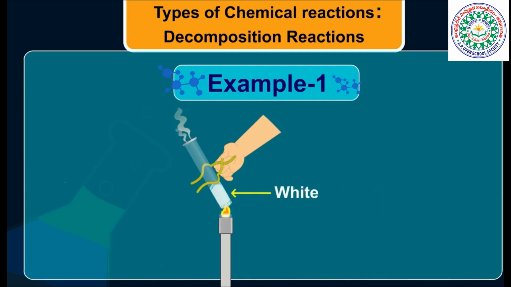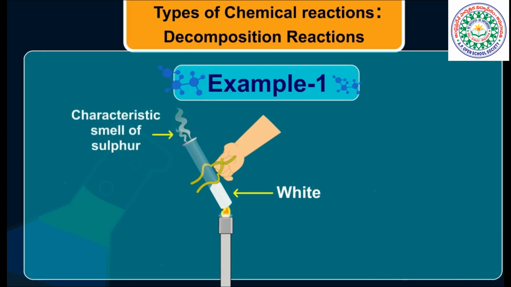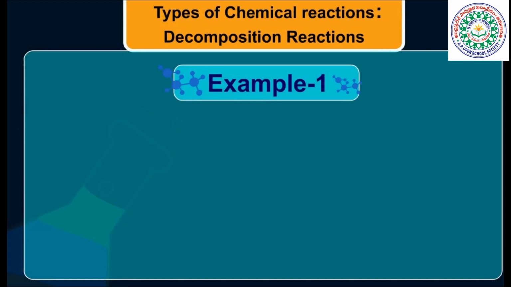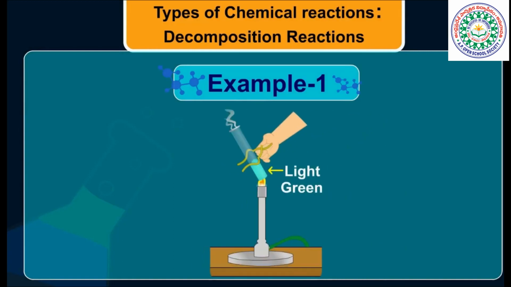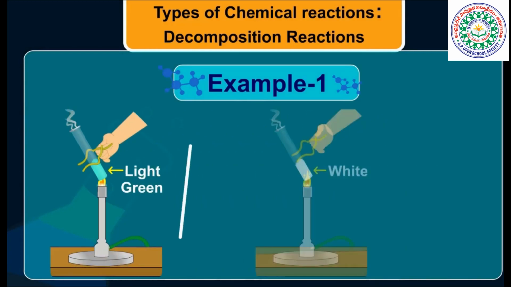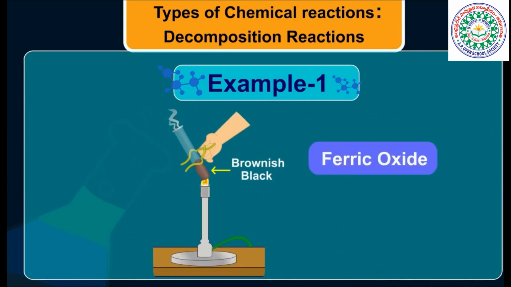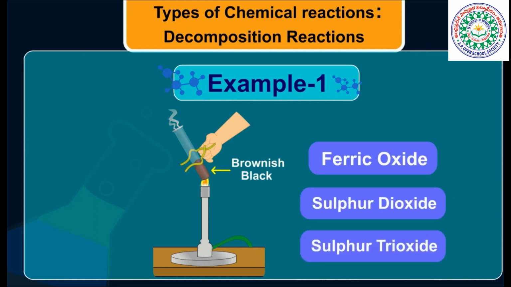You will also observe a characteristic smell of sulfur, and on further heating of the white substance, it will turn into brownish black color. So, we can say that ferrous sulfate crystals decompose to form ferric oxide, which is brown in color, sulfur dioxide, and sulfur trioxide.